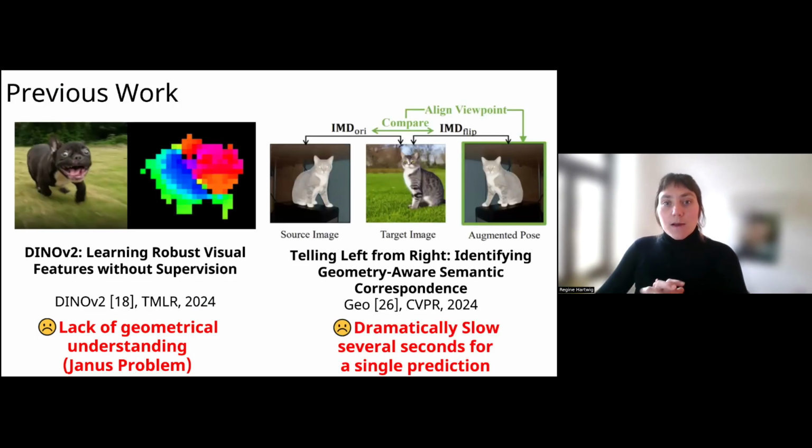That's why previous work also tried to solve this problem. However, they are dramatically slow, taking several seconds to process only a single image, which is because they also use image diffusion backbones.